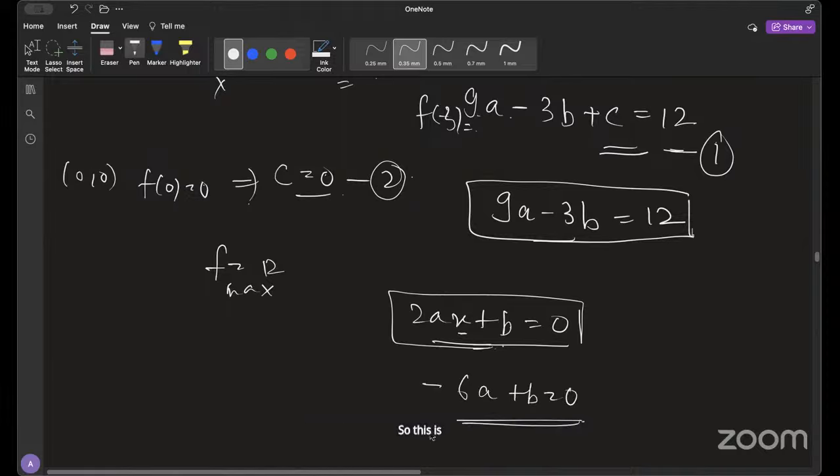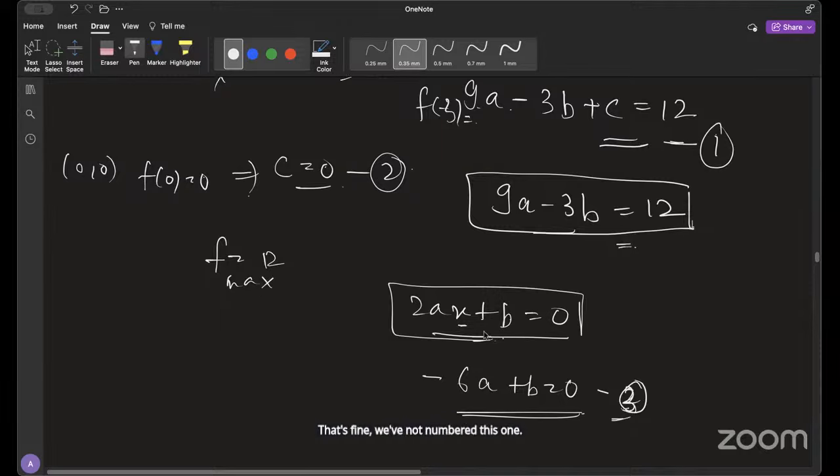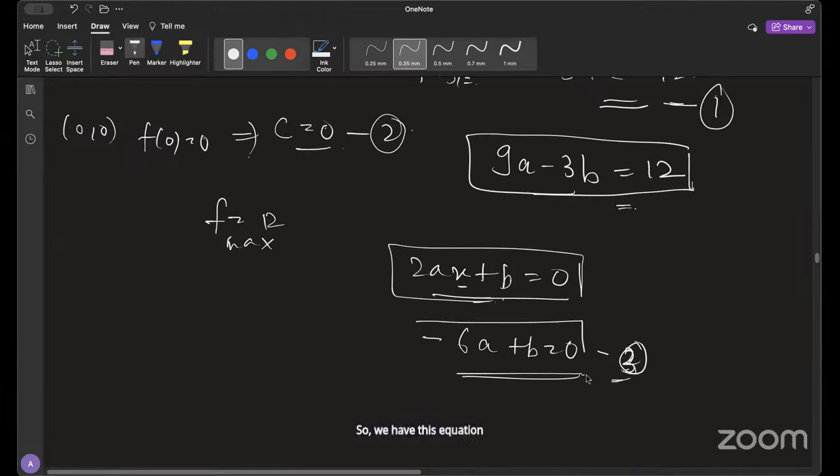So this is another equation, the fourth equation. We've not numbered this one. So we have this equation and this equation.